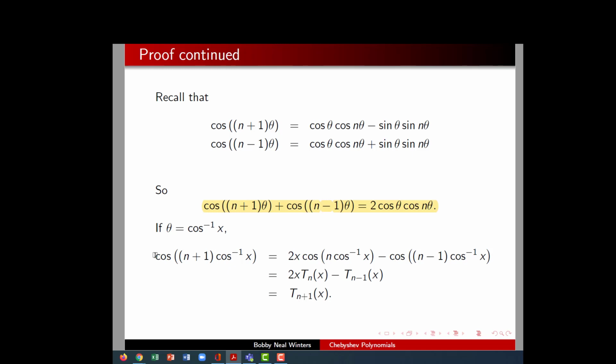We roll that in, and it gives us this expression right here. But our induction step lets us substitute in our Chebychev polynomials right here, and there you go. It just all sort of falls out.